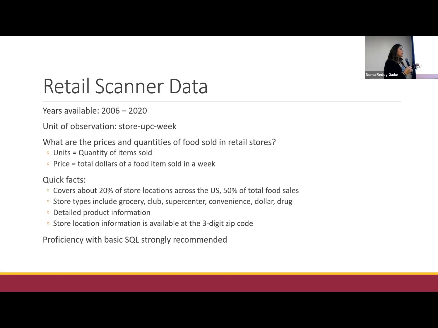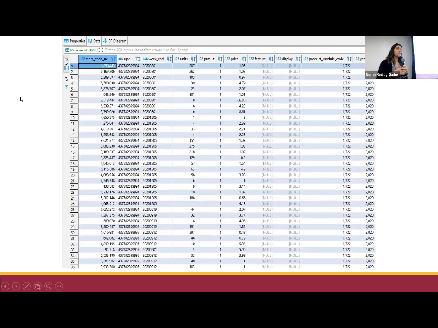For this particular data, it is strongly recommended that users have at least basic Structured Query Language (SQL) coding proficiency. After one downloads the data, I'm using a program called DBeaver, which is SQL database management software. I load it. It's almost like the backend for Microsoft Access.